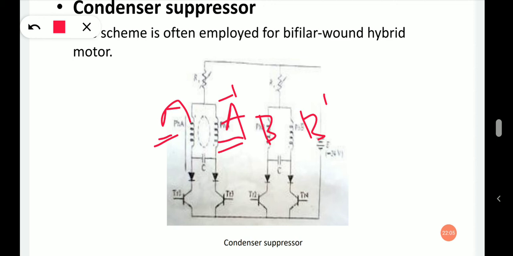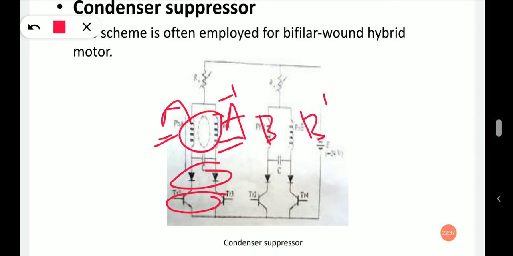First, when a transistor is turned off, the condenser connected to it via a diode absorbs the decaying current from the winding to protect the transistor.